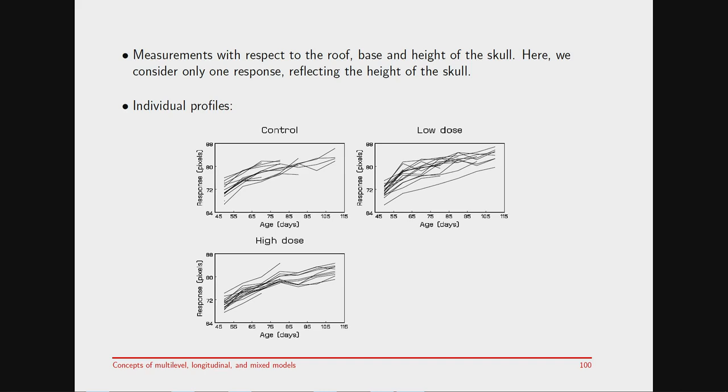So what do you do in linear regression if you have a nonlinear relationship between y and x? Either you use polynomial terms or you use a transformation, a transformation of your x-axis. Well, we can try the same here.